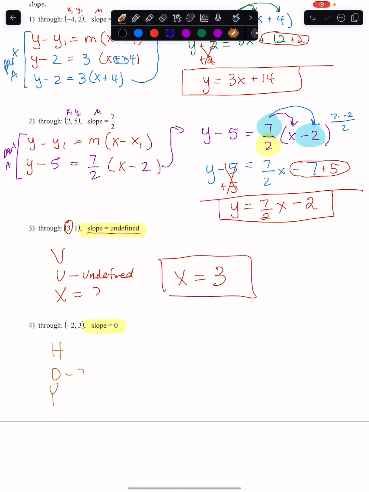So if my slope is 0, that means I have a y equals equation. So I'm going to go ahead and write y equals. What is my y going to equal? Whatever y is in the point, y equals 3.